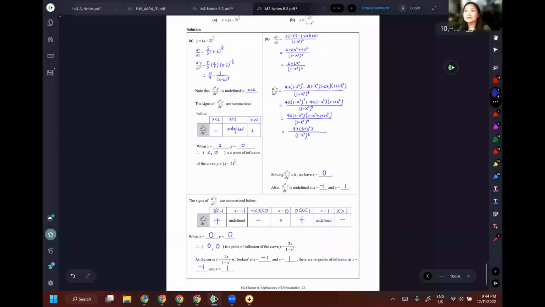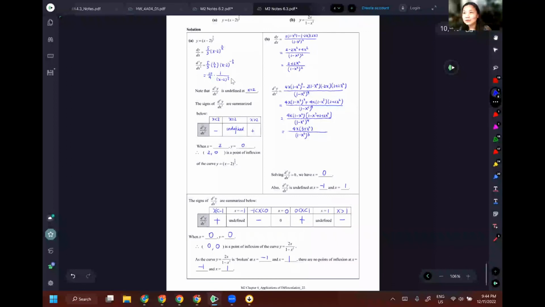Okay, look at the answer. The first one, the second derivative is a fraction. It doesn't have an equal to 0 point. So it's only undefined at x equals 2.